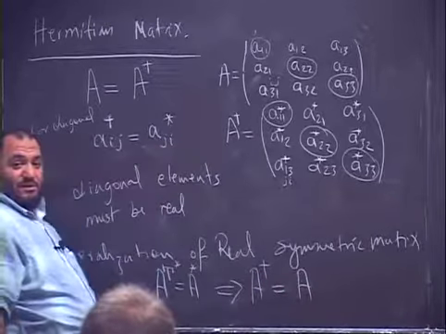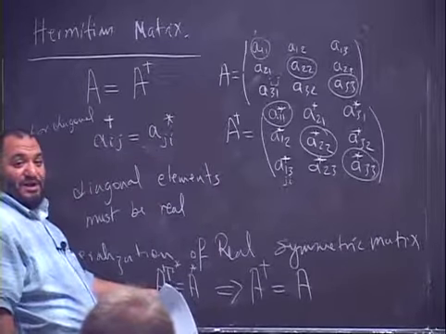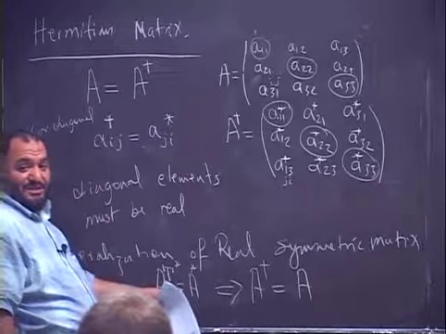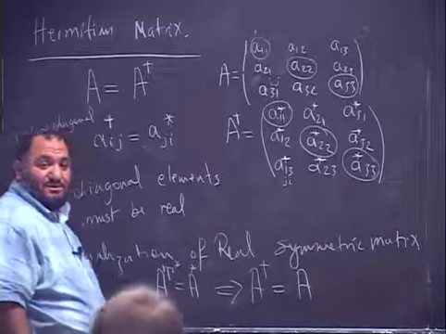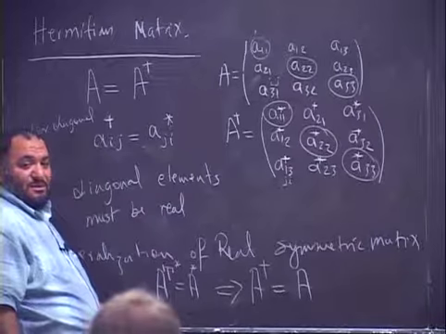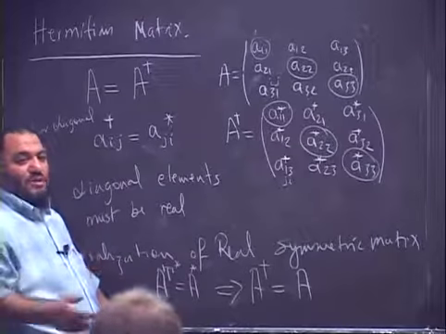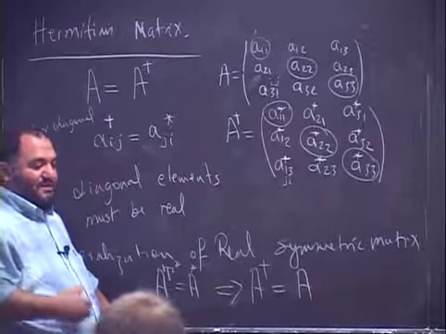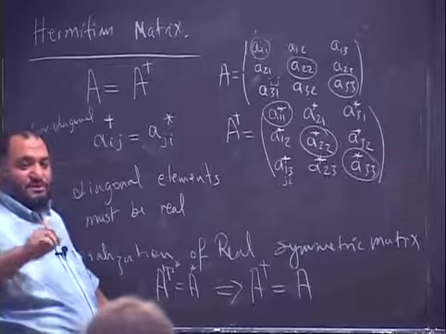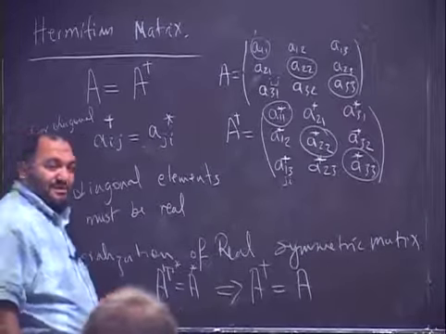Will be A. So if the matrix is real and it is a symmetric matrix, this is a special case of what? It's a special case of the Hermitian matrix. Usually Hermitian matrices are a class of complex matrices. But let's say that I have a Hermitian matrix whose elements are real. So it will be a symmetric matrix.